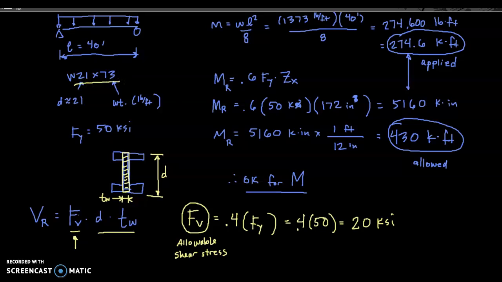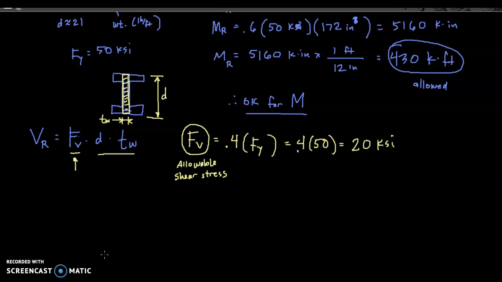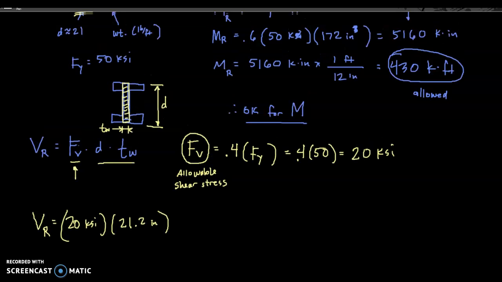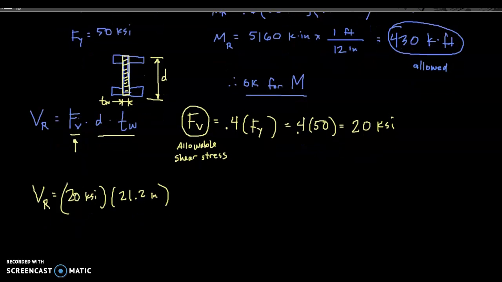If we look that up in Appendix A, we should find that our shear resistance is going to equal 20 ksi times, from Appendix A, the depth of the beam, 21.2 inches. So this was a 21 by 73, so the depth should be approximately 21, which it is, but not exactly.